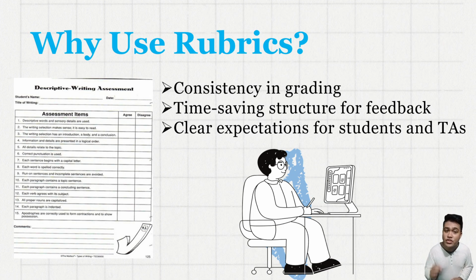Why should instructors use rubrics? Rubrics help maintain consistency in grading across students, which is especially useful in large classes or when multiple graders are involved. By breaking down assignments into specific criteria, rubrics save time by simplifying the grading process and providing a structure for feedback.